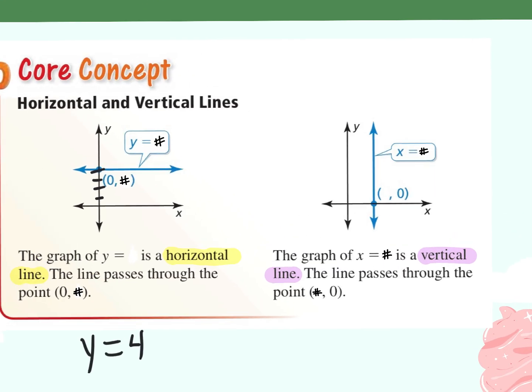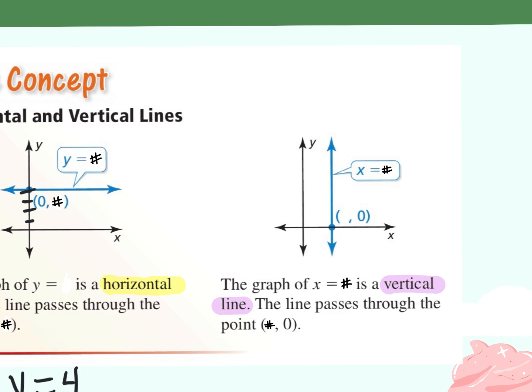If you look at this one, which is a vertical line, does it cross the y-axis at all? All right, so this vertical line doesn't cross the y-axis at all. It only crosses the x-axis. So the equation for a vertical line is going to be x equals a number.